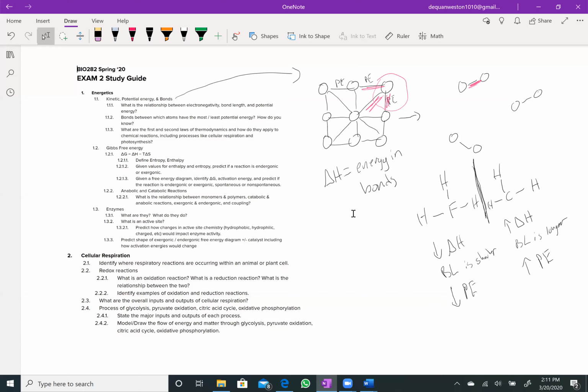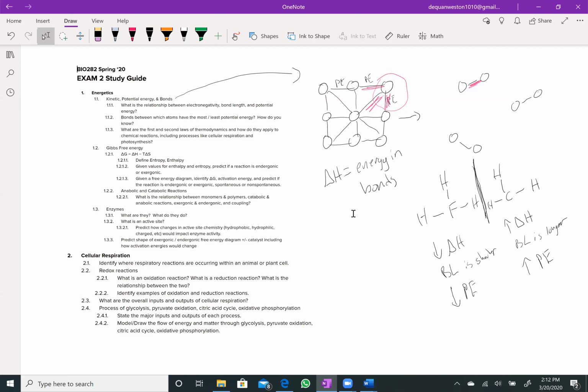So fluorine's a very small atom, and because it's so small, the protons are very close to that outer shell. So it's going to be able to form relationships with other atoms' electrons very easily because those protons are so close to its valence electrons. And that's why it holds hydrogen so tight to it.